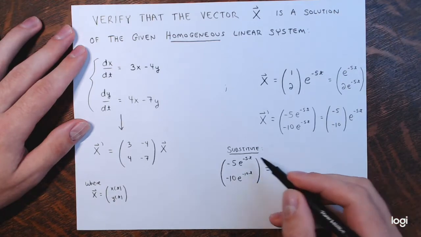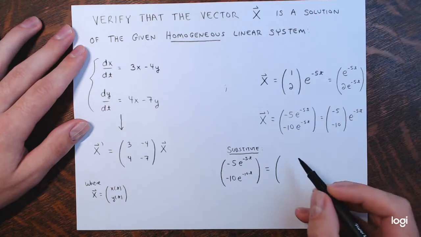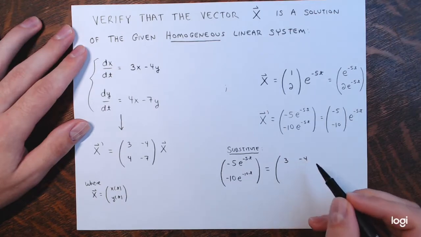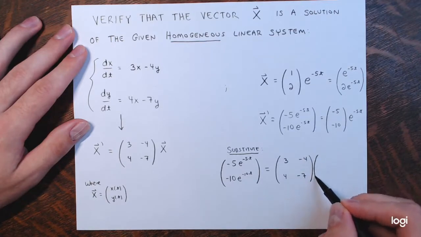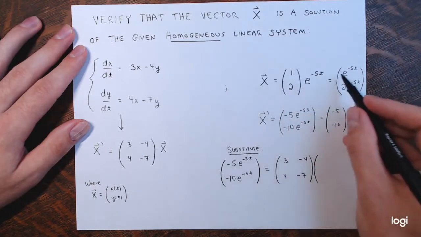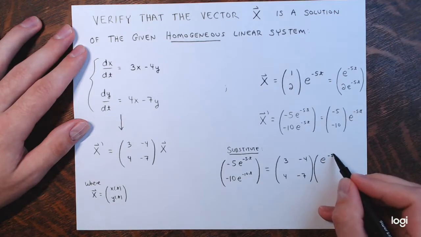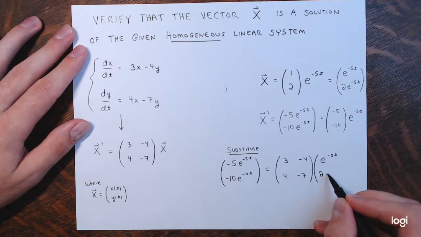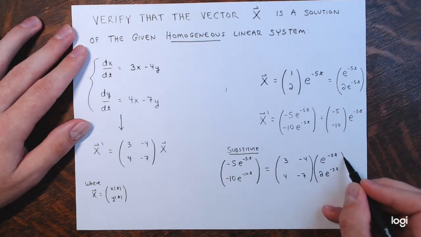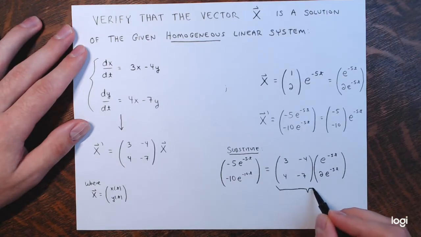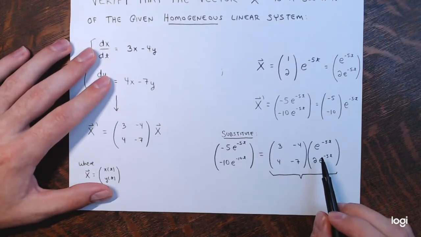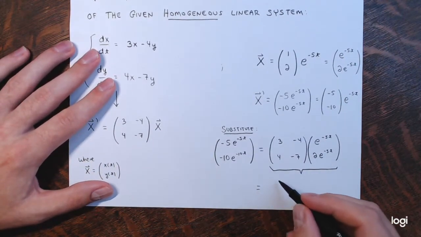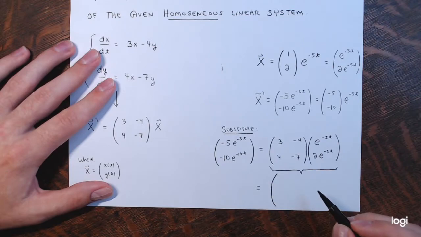Is this equal to this 2 by 2 matrix, 3, -4, 4, -7, times the vector x, which is e to the -5t, 2 e to the -5t? Now I'm just going to multiply these two matrices. This is a 2 by 2 matrix multiplied by a 2 by 1 matrix, so the result will be a 2 by 1.